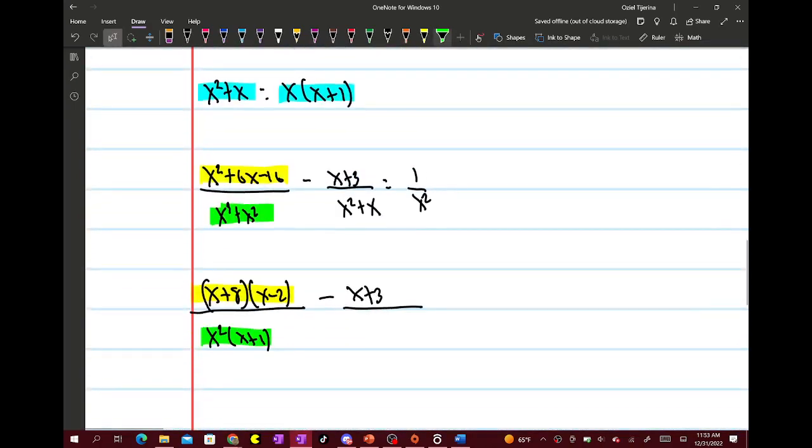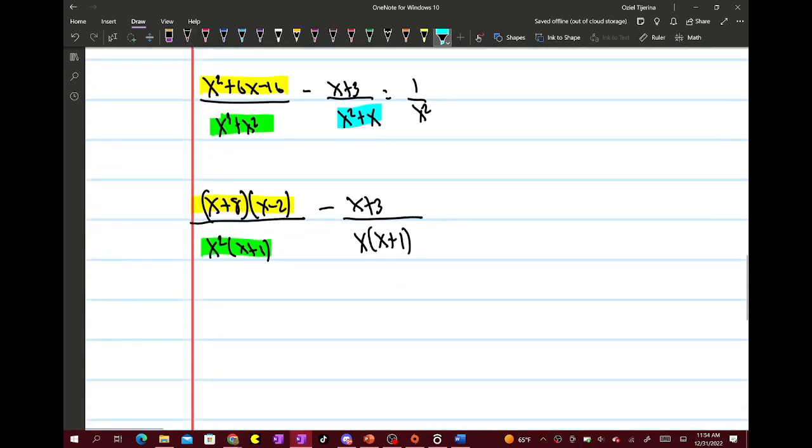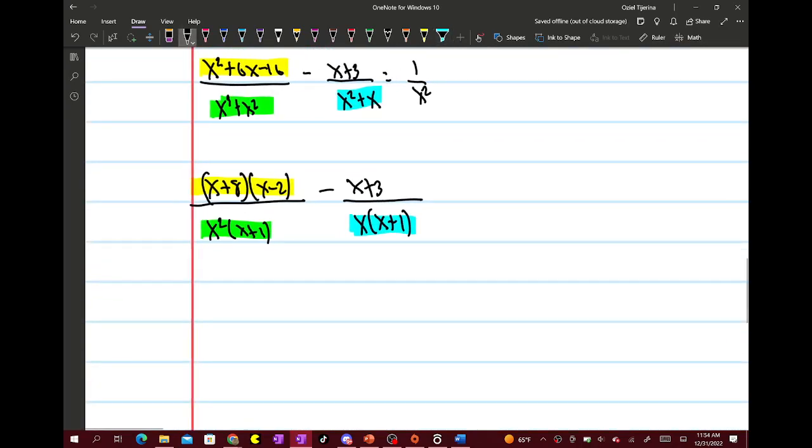And then x squared plus x will be x times x plus 1, and this is equal to 1 over x squared, of course.